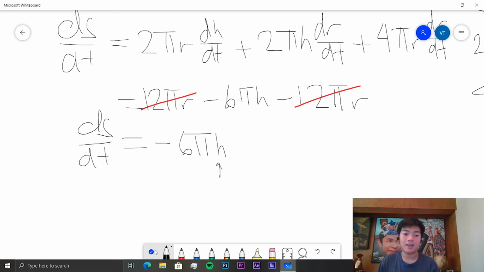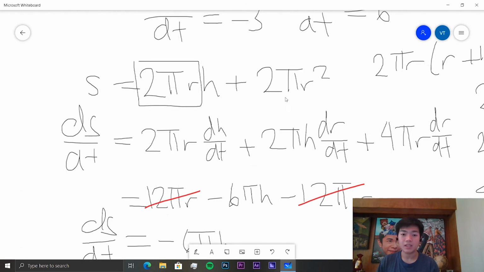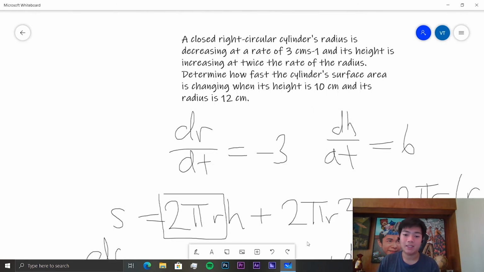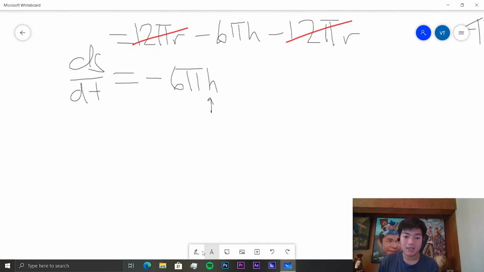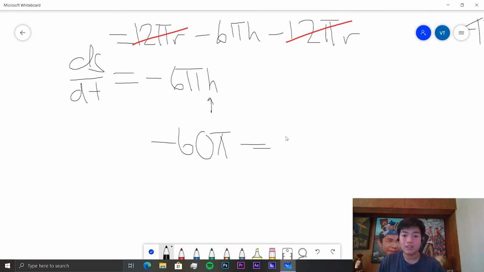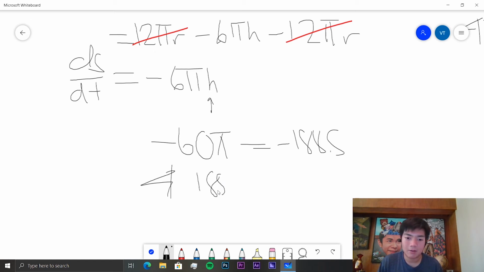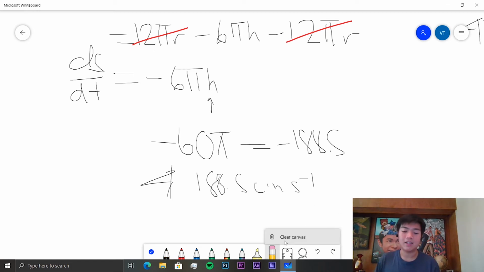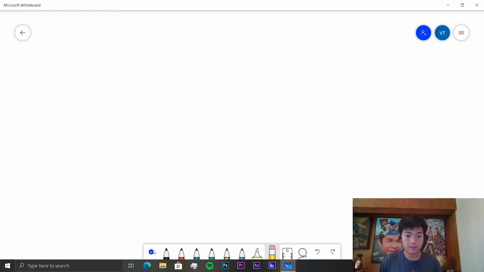So when the height is 10 centimeters, it's -6 times pi times 10, or -60 pi, which is equal to -188.5. But since we're expressing it as a rate of change, this would be absolute valued, so the area is changing at a rate of 188.5 centimeters squared per second. So yeah, okay, on to the next question.